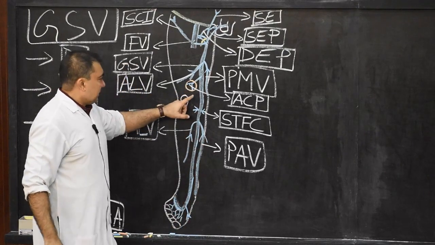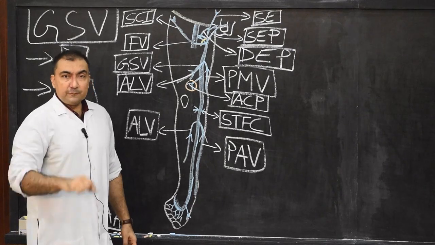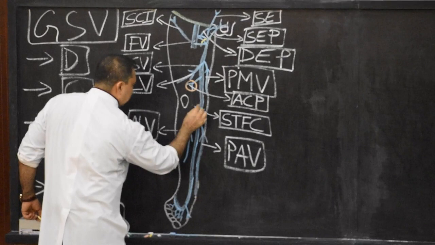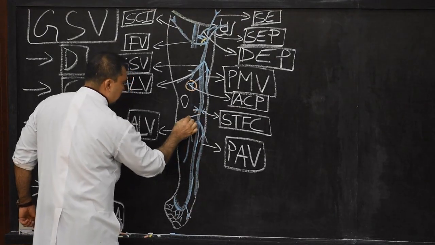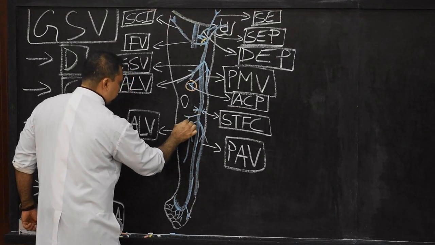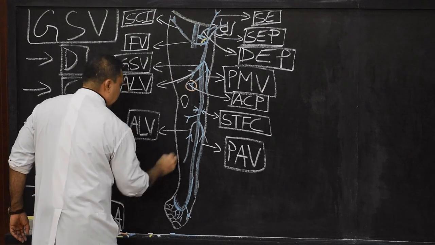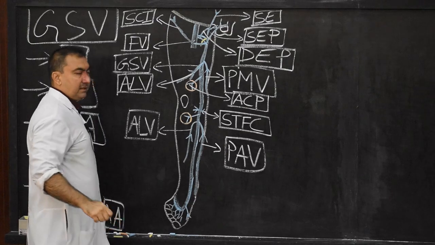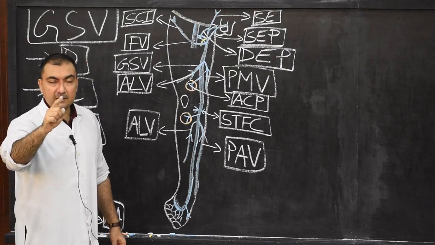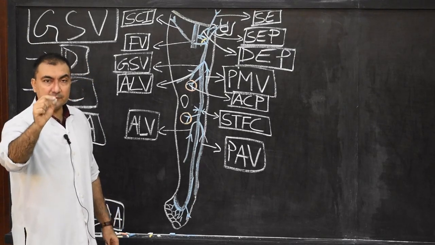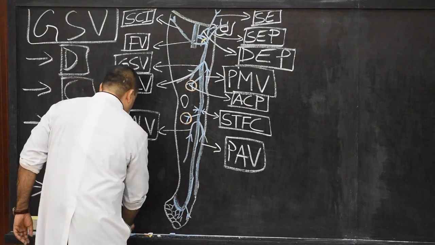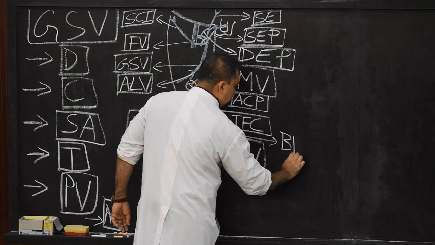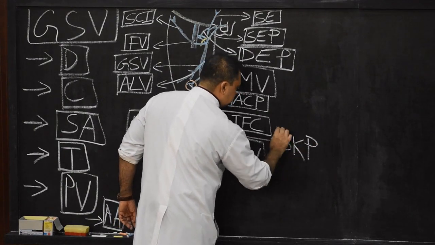Number 1. Number 2, below knee perforator. It is present just below the knee, and here we will show this below knee perforator. It will communicate the great saphenous vein with the posterior tibial vein, and therefore here we will mention this as the below knee perforator.